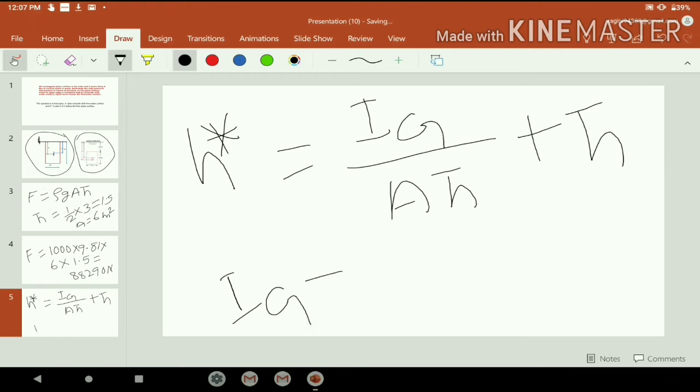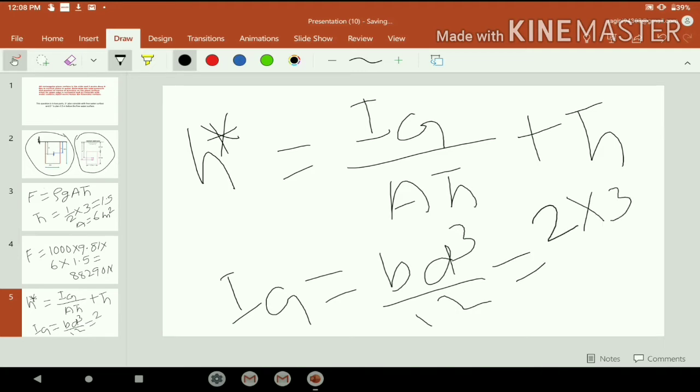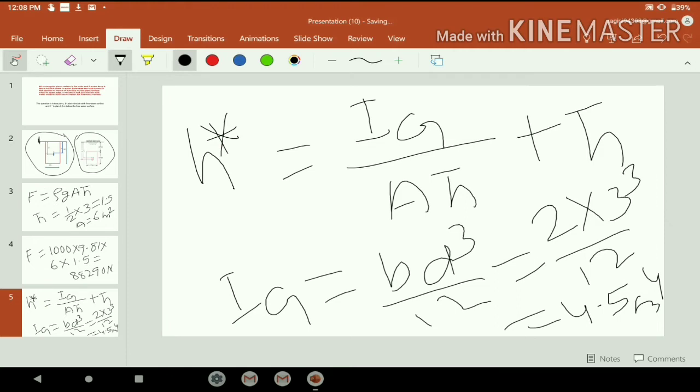The moment of inertia for a rectangular plate is B d cubed by 12. As we already know, B is 2 into 3 cubed divided by 12. When we solve this, we get 3 into 3 into 3 into 2 divided by 12, which is 4.5 m to the power 4.